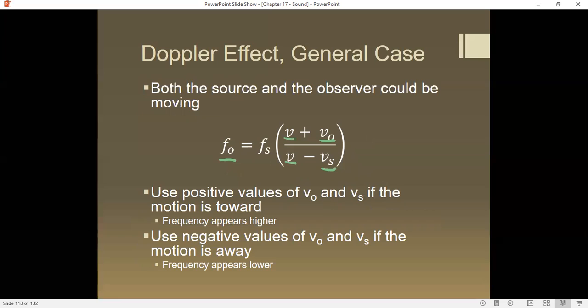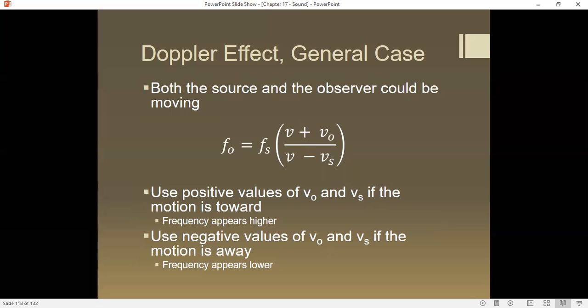Now, if the observer is moving toward the source, plus goes up here. If the source is moving toward the observer, minus goes down here. If the observer is moving away, we change the plus to negative. If the source is moving away, we change the negative to a plus.